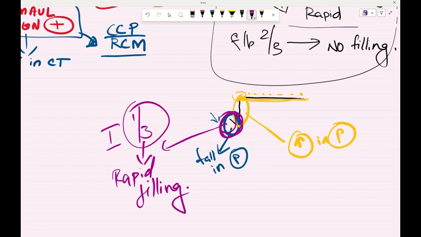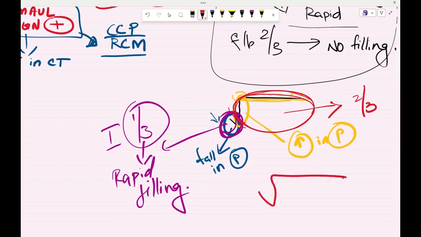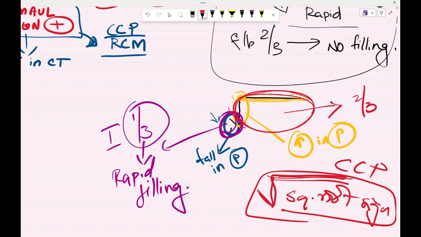And the remaining part, where the pressure remains raised, in this pressure graph, there is no filling, which is the abnormal 2/3. So you get this square root sign here, where there is fall in pressure followed by rise in pressure, which remains constant as such. This is known as square root sign. Square root sign is only seen in chronic constrictive pericarditis. So that I've explained why you call it a square root sign.